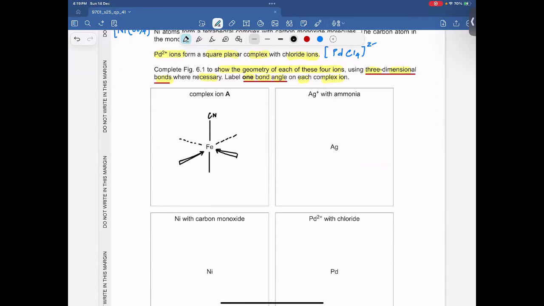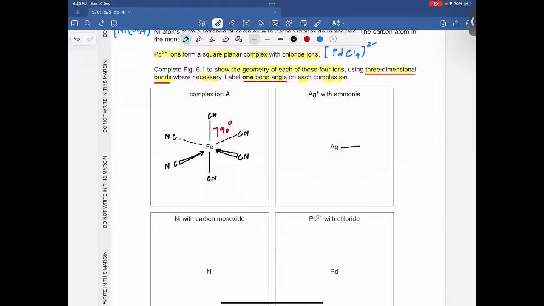So we need to mention carbon here, here, here, and here. And we need to mention one geometric angle, that's basically a 90-degree angle.